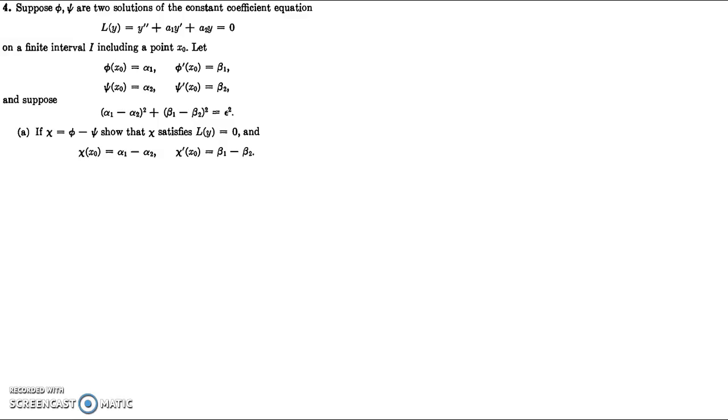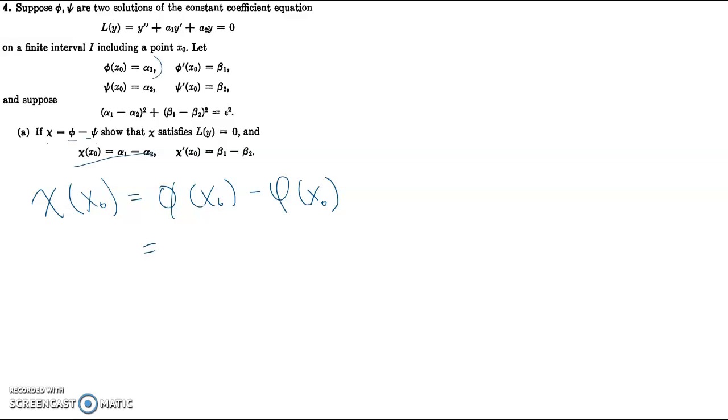This is just the beginning of how to do that proof, and there's not much to do for part A other than to understand what chi is. So for A, chi of x0, since chi is phi minus psi, this could also be written as phi of x0 minus psi of x0.